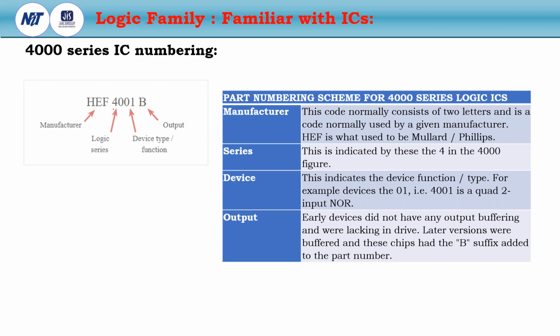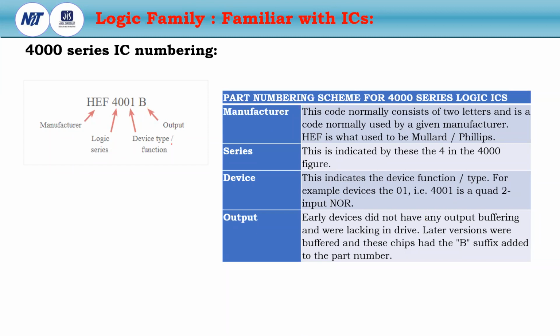And this is the device type or function. This indicates the device function, that is 01 or 03, 04, etc. Suppose this is a 4001. 4001 means this is a quad 2 input NOR. Quad 2 input NOR. Okay. And B, this is the output.